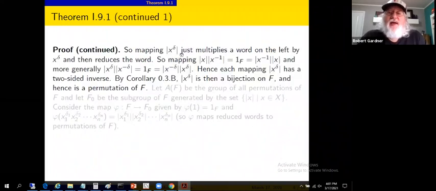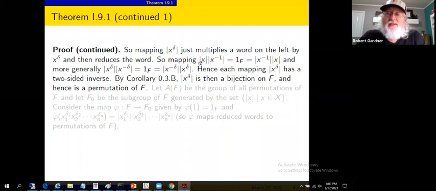As it says on the next page, this just multiplies on the left by x to the delta and then reduces. The fact that it does that allows us to find inverses of these mappings. All of a sudden, it's a conversation about mappings. The absolute value of x to the 1, followed by the absolute value of x to the negative 1 will be the identity.